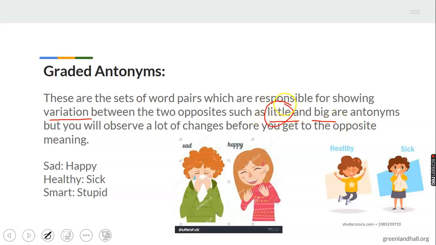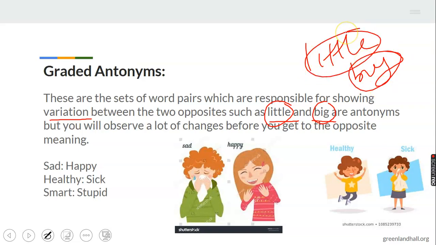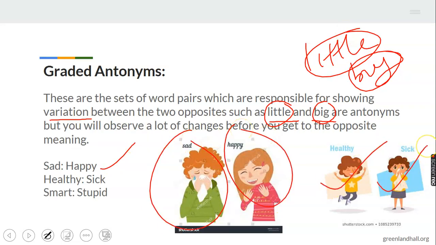Little and big are antonyms, but you observe a lot of steps before you get to the opposite. Is that not so? Yeah. Because between little and big, there's a lot of changes involved there. Some more examples here. We have sad and happy. Healthy and sick. It is actually the variation of healthy that we have there.